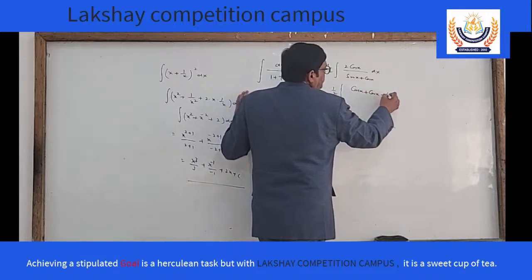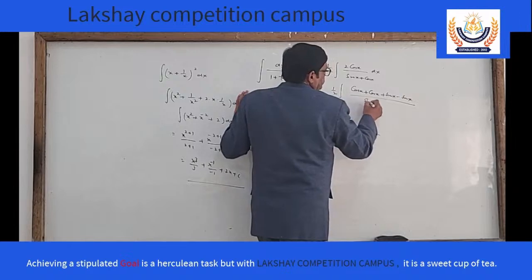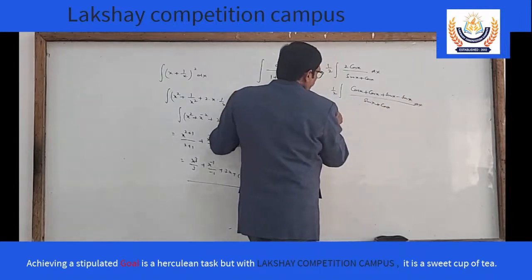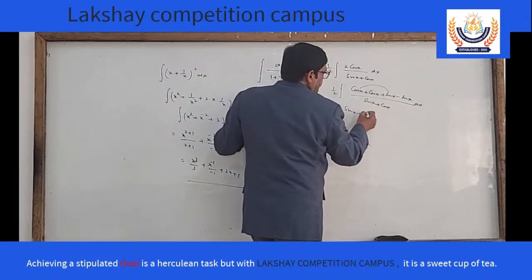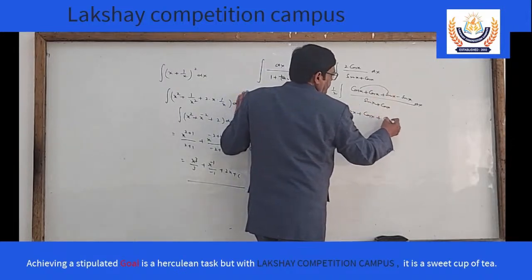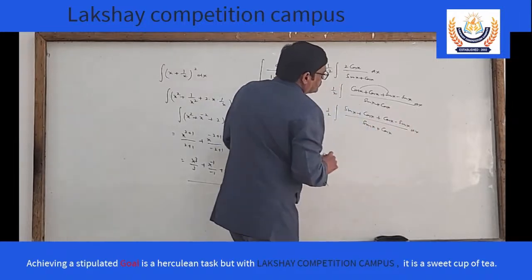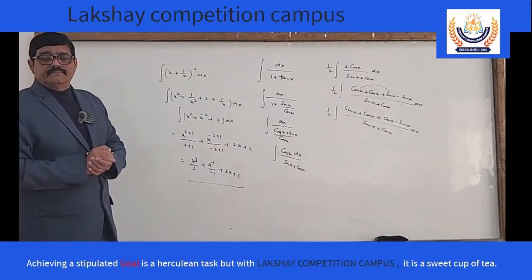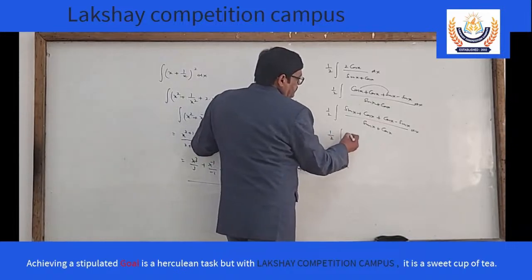Now add and subtract sin x: cos x plus cos x plus sin x minus sin x, upon sin x plus cos x, dx. And now you separate it. We get two parts.